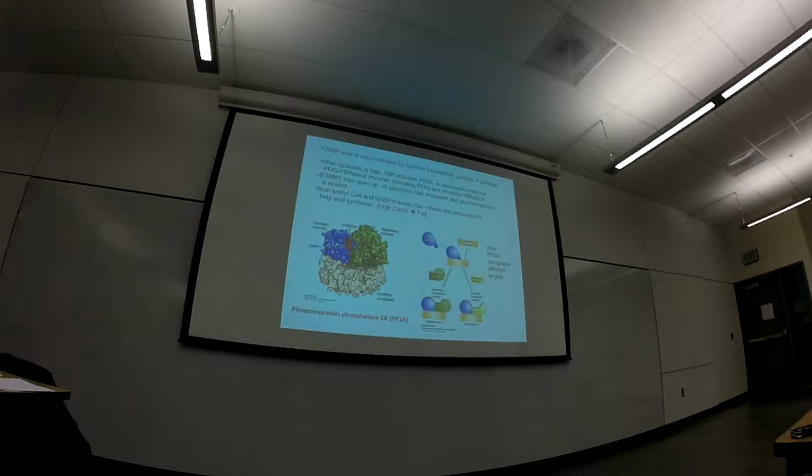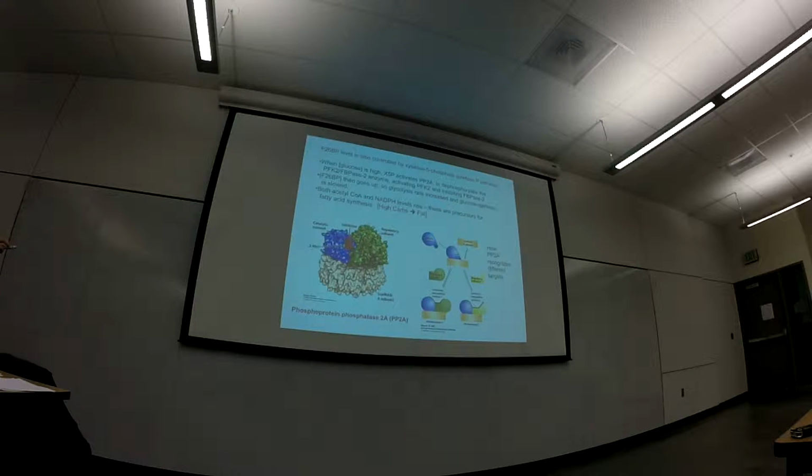In this case, the phosphatase is called PP2A. Any phosphatase is an enzyme that removes a phosphate group from something else. And when it does that, it either activates that protein it's working on, or it inhibits it, because the protein wants the phosphate for activity, or wants to get rid of it for activity.